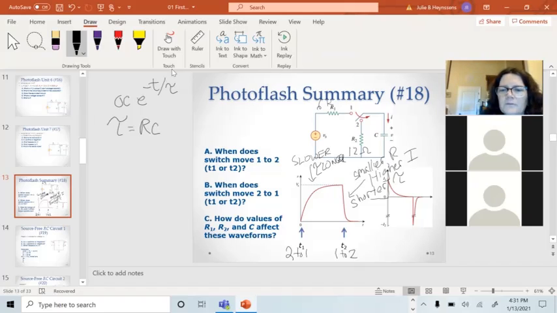So moving from 2 to 1, if I look at the 0 plus circuit, see 2 to 1, moving into position 1. I've taught this class so many times, I know where I'm going and I just make it up.